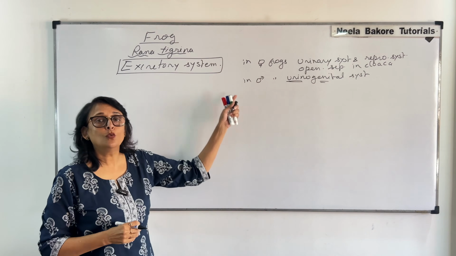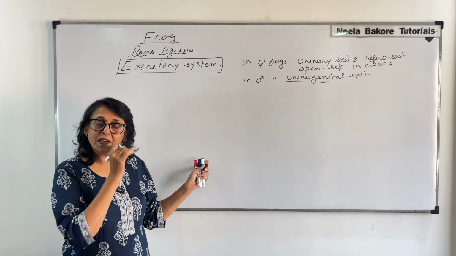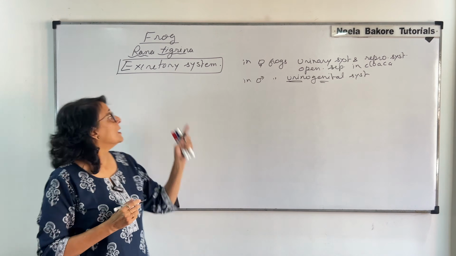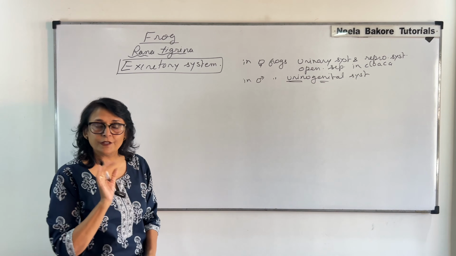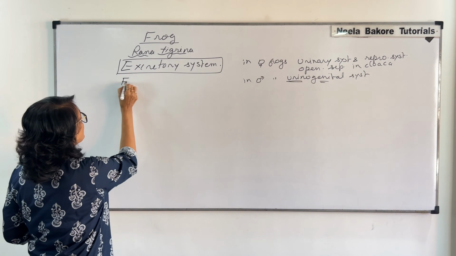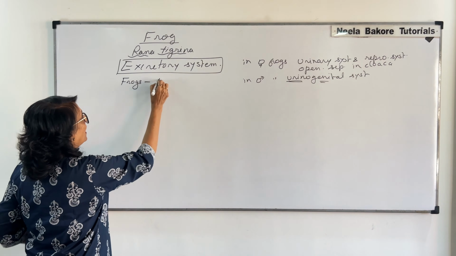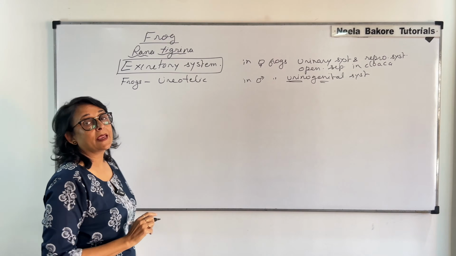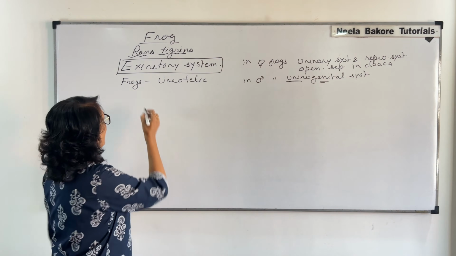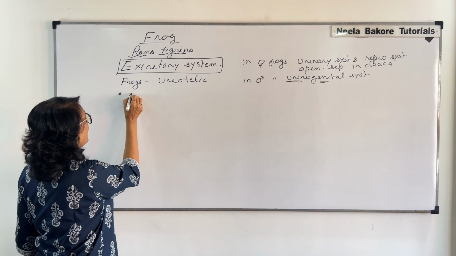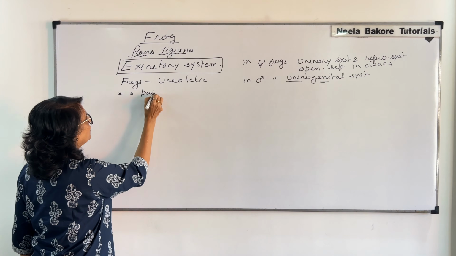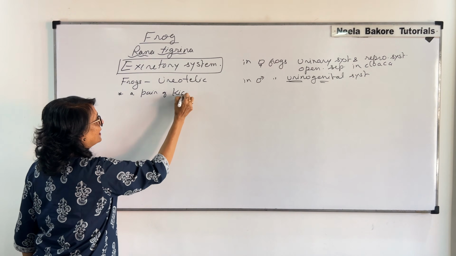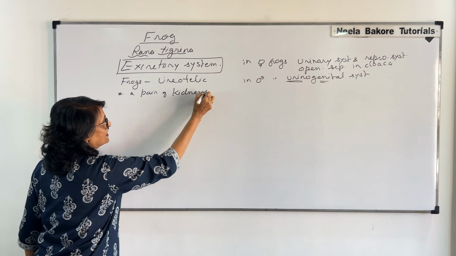So these are the two, and the difference will be very clear when we draw the diagrams, but we are first talking about the general things. Frogs are ureotelic. That means they excrete urea, and for elimination they have a pair of kidneys.